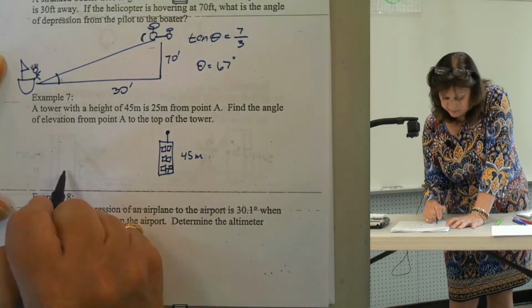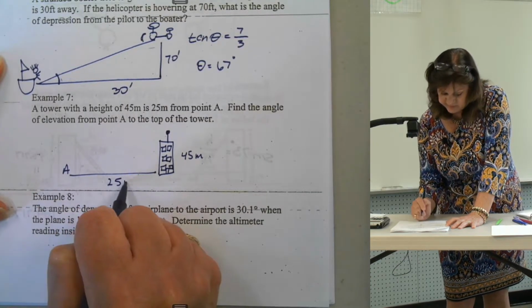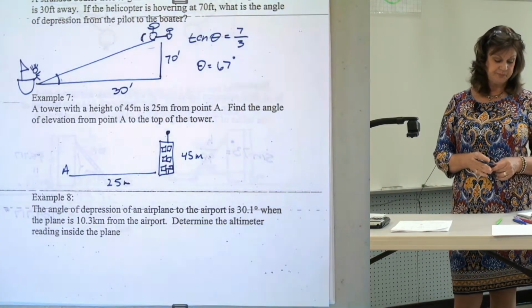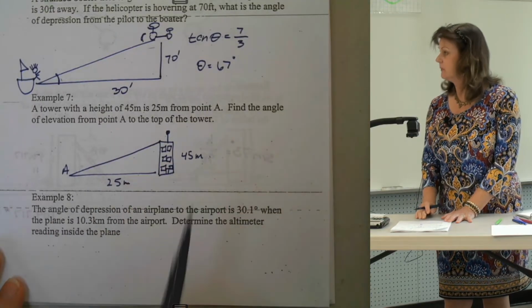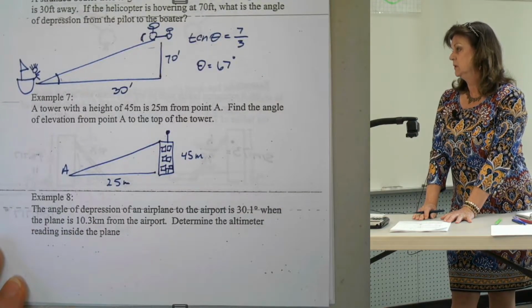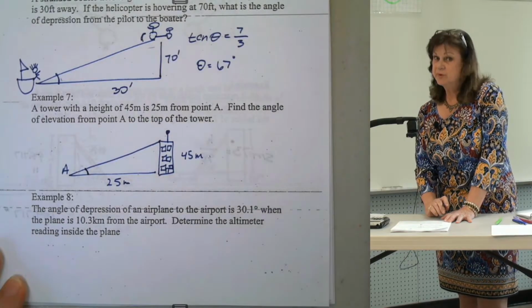We are standing over here at point A. Again, not to scale. And we're 25 meters away from it. Find the angle of elevation. So you're looking up to the top of the tower. So I'm looking for this angle here, just as we were in the previous problem.